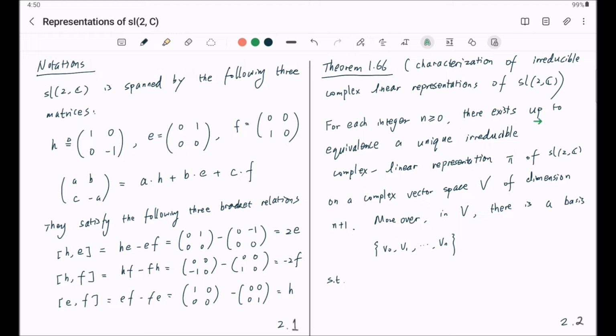And of course, that is up to equivalence. Now, keep in mind our notations above, H, E, and F, which span SL2C.